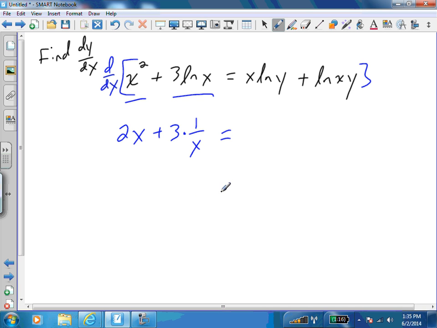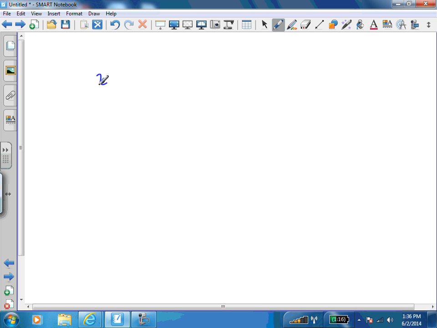Well, what about x natural log y? What's the rule that we're going to have to use to take that derivative? Product. We have something with a variable times something with a variable. So let me come over on the next page for a second. When we take that derivative, if we were to call that u and that v, our derivative is u prime.